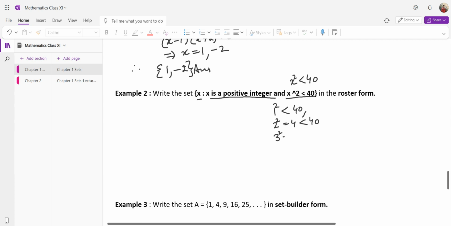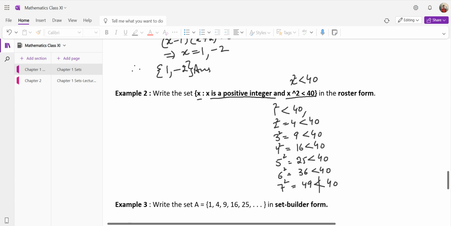Square of 3 is 9, also less than 40. 4 square is 16, less than 40. 5 square is 25, less than 40. 6 square is 36, less than 40. When you move beyond this, 7 square is 49, which is not less than 40.